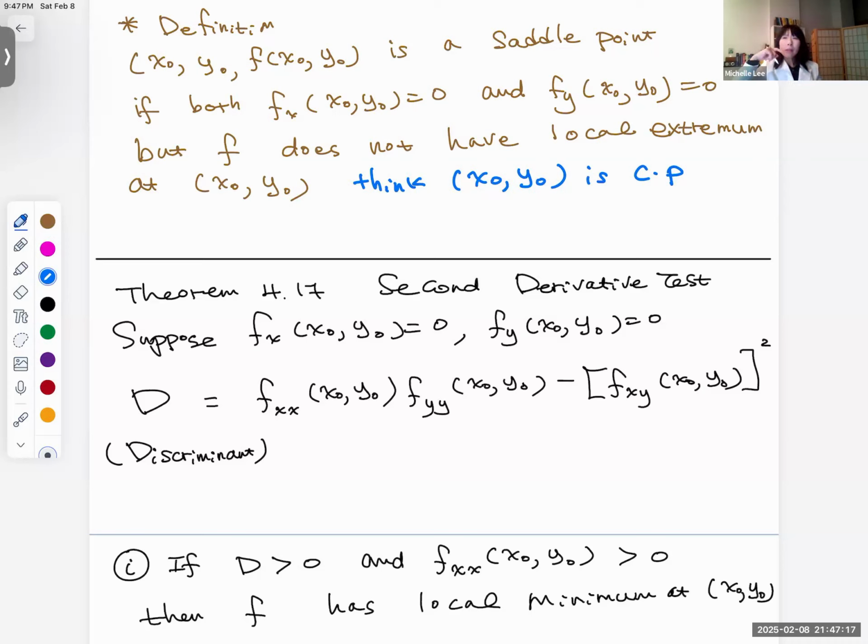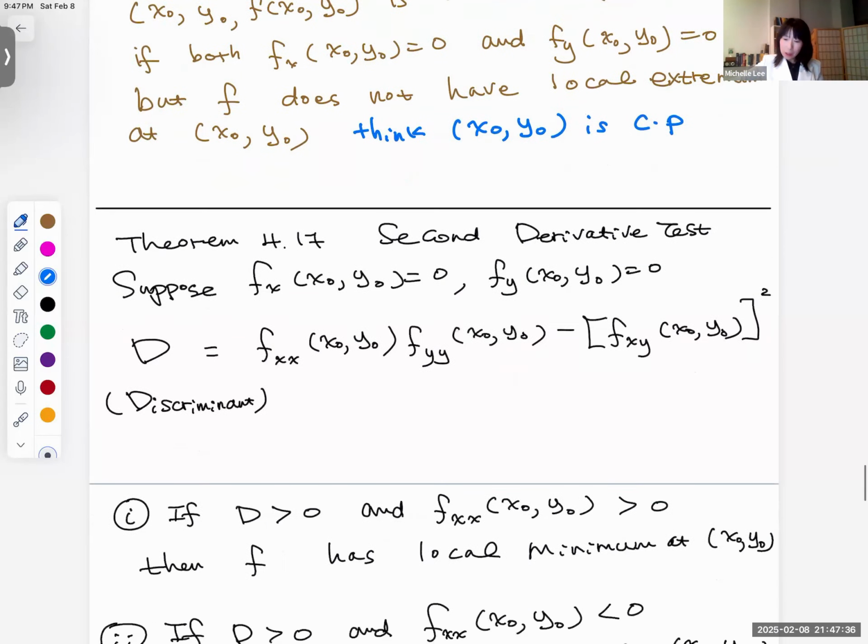And second derivative less than 0, local maximum exists. And second derivative equal to 0, then the test is inconclusive. We cannot say anything. So we're going back to the first derivative test, right?